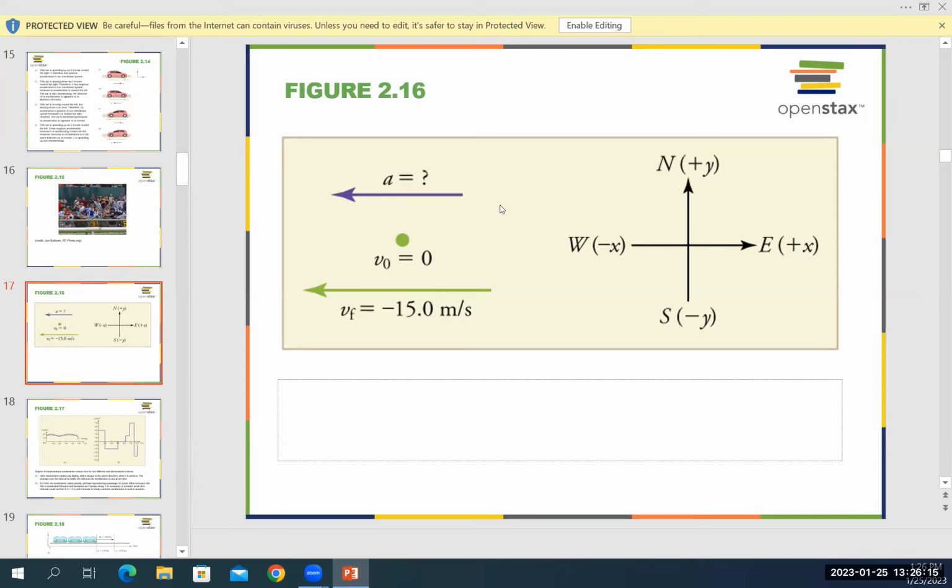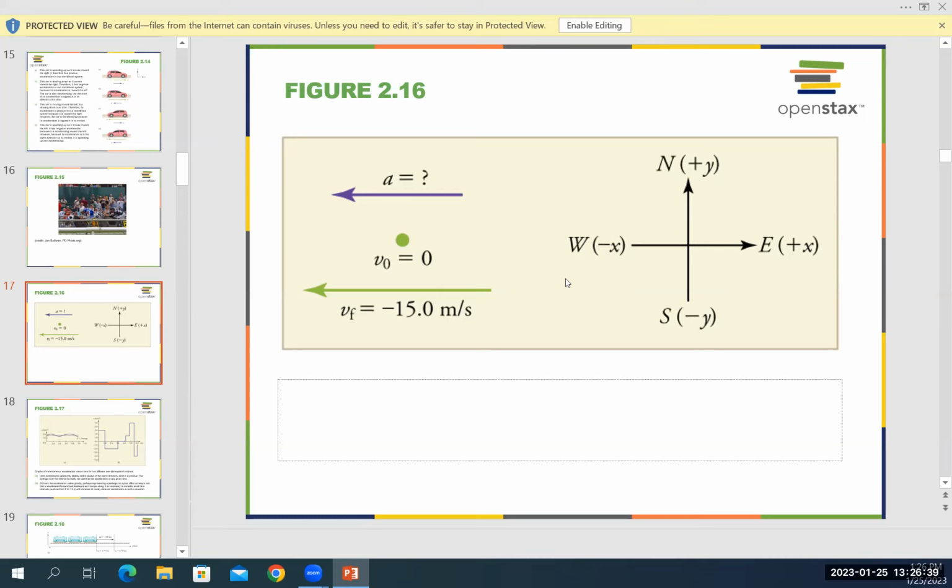And then our time, since I didn't really give you a time, we're just going to use generic values. Our initial time was 0. Our final time is just some t. So that ends up being just whatever this delta V over t is. So our final acceleration becomes negative 15 meters per second per time.